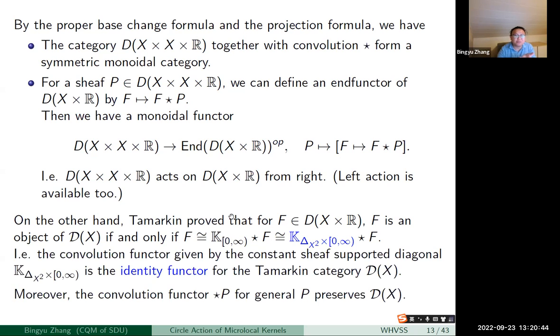So in this way, in general, if we have a general kernel, the kernel descends to a convolution functor on the Chiu-Tamarkin category. Here I just choose the action so that the actions are compatible, one from left and one from right.